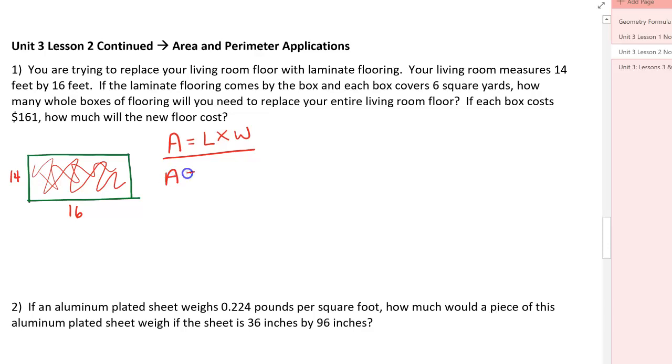So our area is going to be 14 times 16, and 14 times 16 is 224, and our units were 16 feet and 14 feet, so the area is 224 square feet.